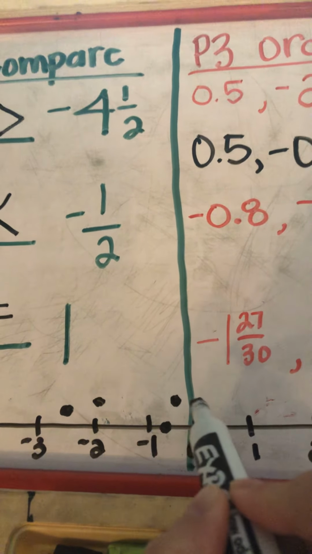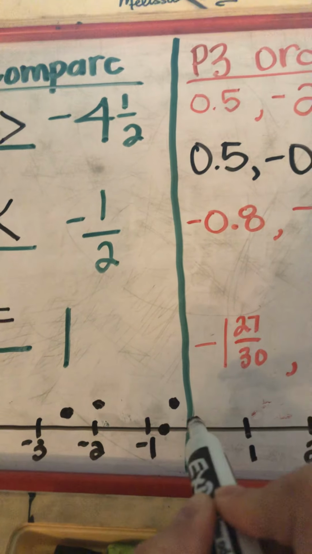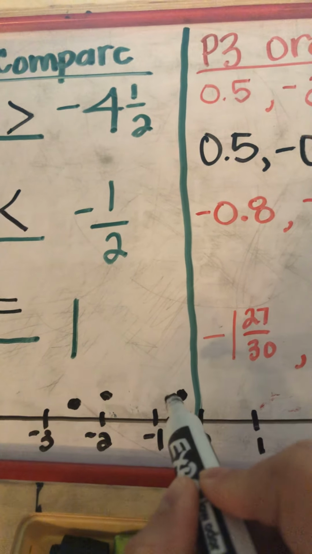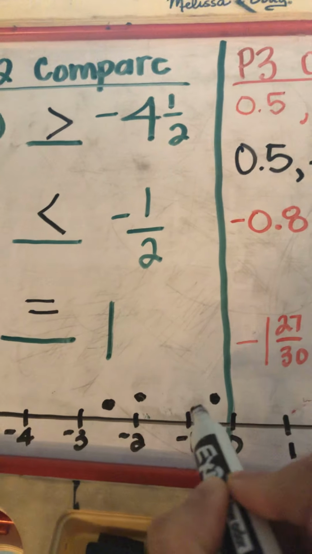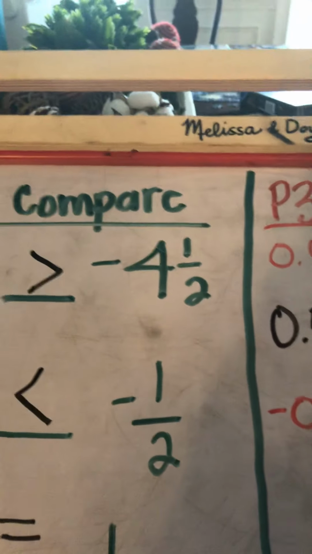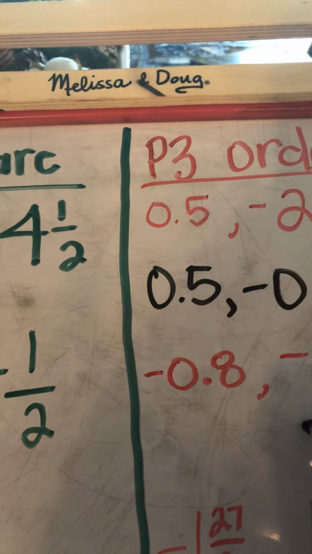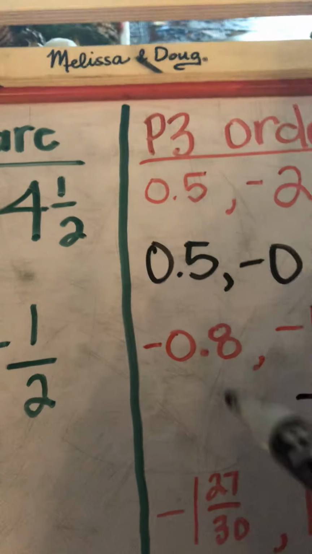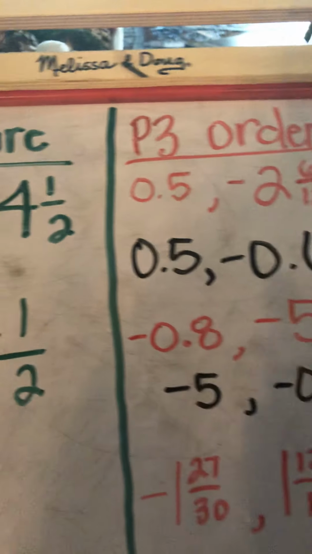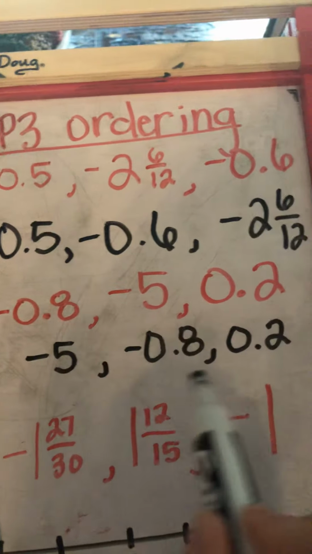So the one that's closest to 0, furthest to the right on the number line, and negative 5 is way out here, this is greater than this over here. So negative 0.8 would be next, and then negative 5 would be my least.